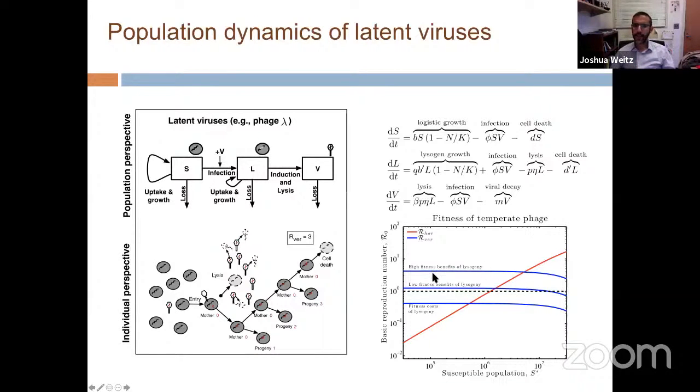Notably, irrespective of the fitness benefit or cost, you can see that this R0 level is going down, so there can be a transition depending on the level of fitness benefits, at which point low densities are actually more likely to yield the proliferation of a lysogen rather than high densities.